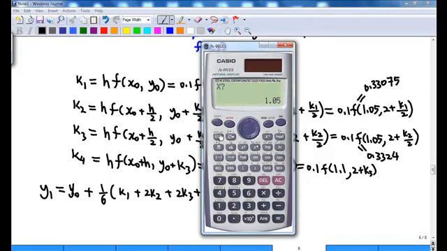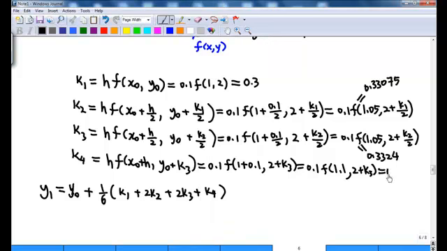The value of x now is 1.1, equal. The value of y is 2 plus K3. K3 was the answer I obtained earlier, so I press answer. And this is going to be my K4, equal, you get 0.36656, or 0.3666.